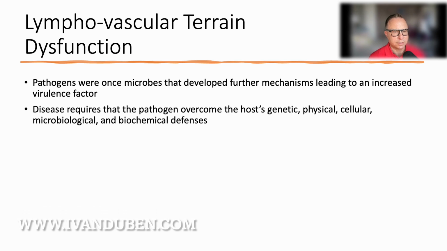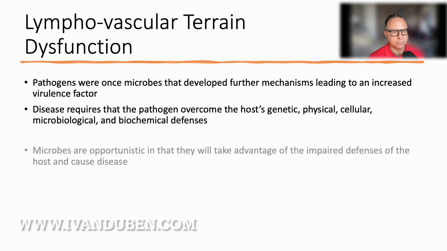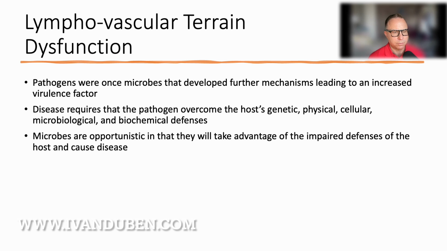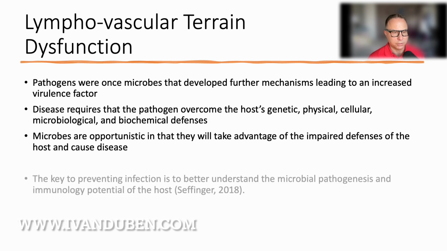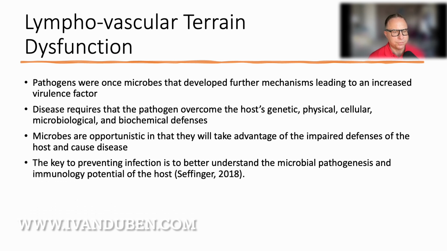Disease requires that the pathogen overcome the host's genetic, physical, cellular, microbiological, and biochemical defenses. Microbes are opportunistic in that they will take advantage of the impaired defenses of the host and cause disease. The key to preventing infection is to better understand the microbial pathogenesis and immunology potential of the host.